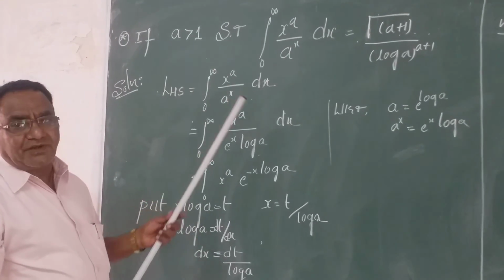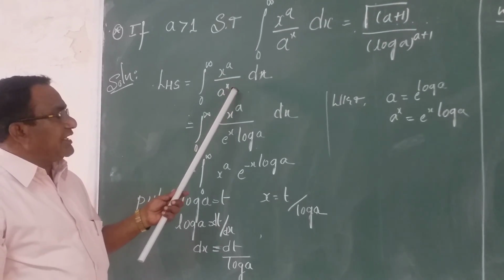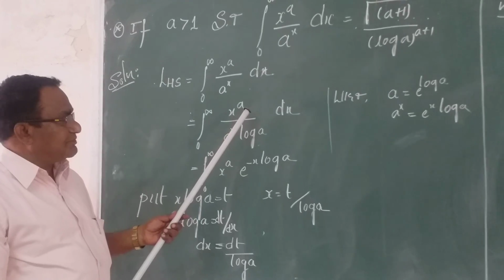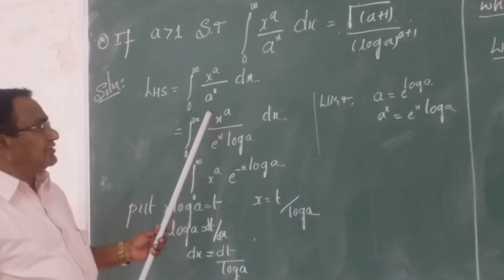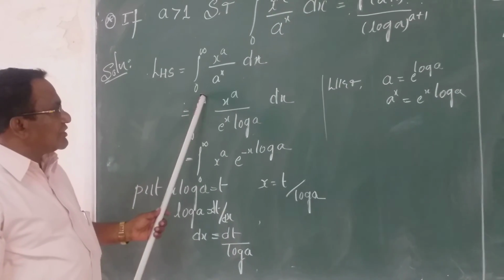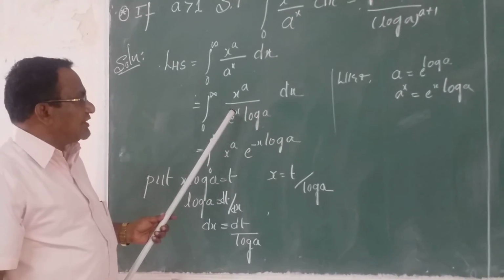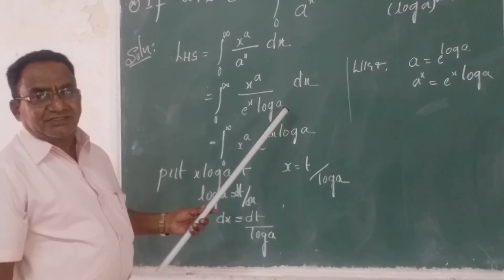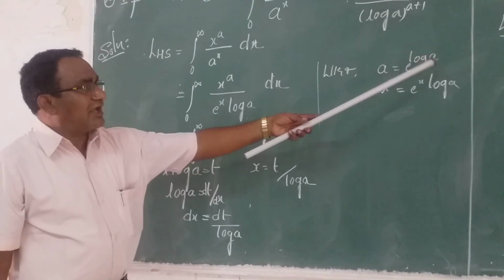It is the integral from 0 to infinity of x to the power a by a to the power x dx. This a to the power x may be written as e to the power x log a. So you write the integral from 0 to infinity as it is, x to the power a as it is, and instead of a to the power x, e to the power x log a, into dx, because a is equal to e to the power log a.